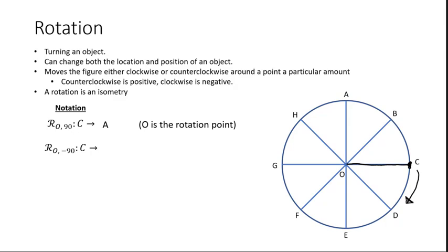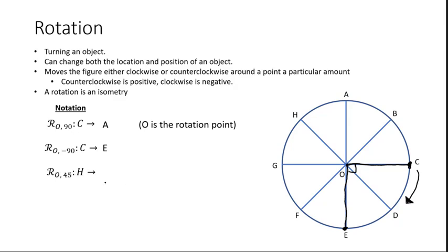That's the negative direction. It's clockwise. We're trying to create a 90-degree angle with that segment from the center to point C. That's going to take you down to here, which means point C would go down here to point E. So E is the answer to that one.